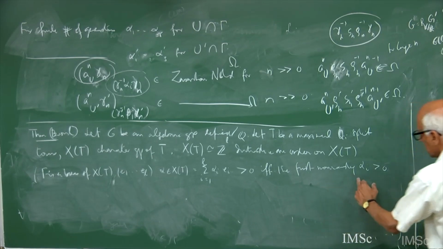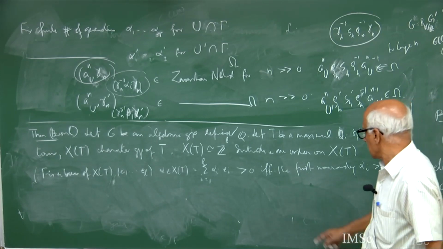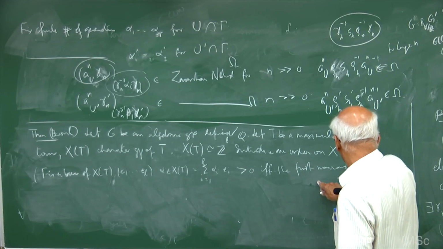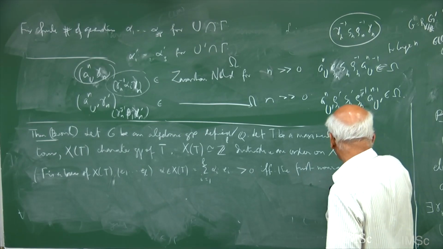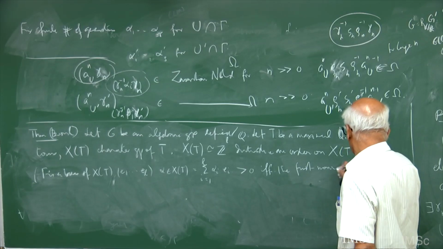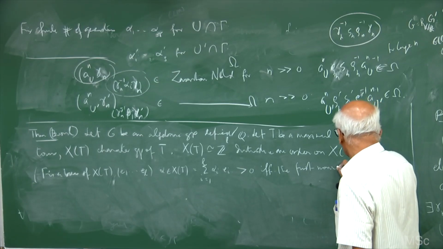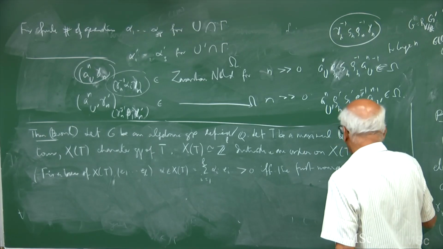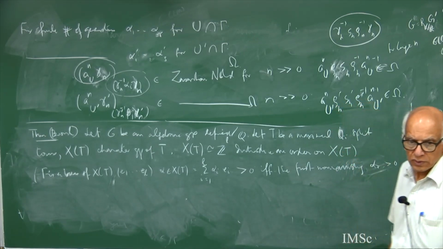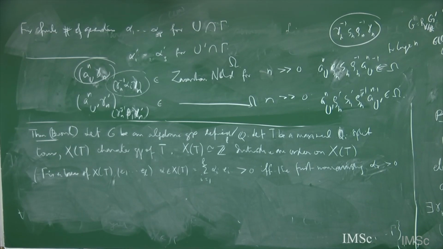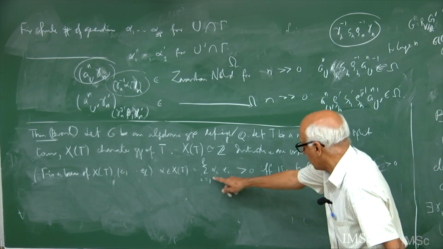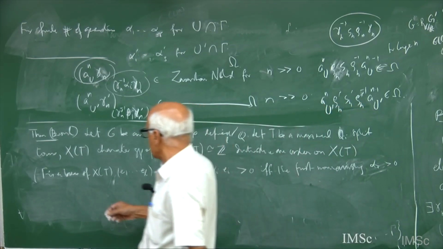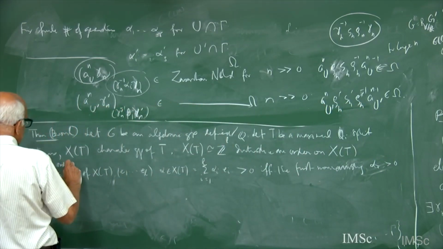Then if the first non-vanishing alpha_i is greater than 0, it's called lexicographic ordering. Okay. The first non-vanishing coefficient of alpha, ordered 1, 2, 3, up to L. So maybe fix an ordered basis.